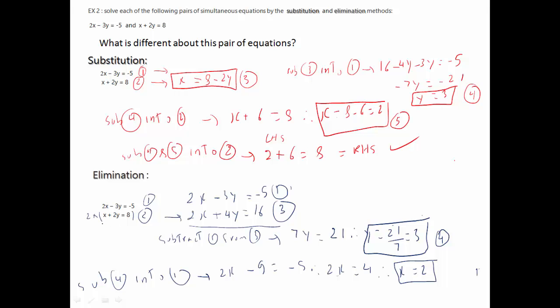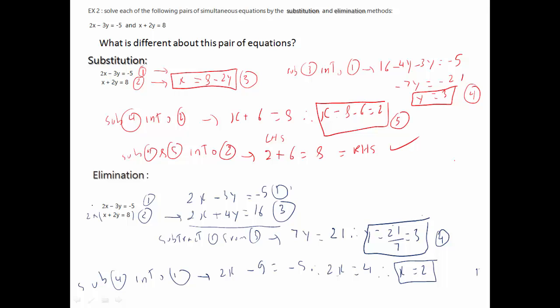Now, luckily, we only need to multiply x by 2 to get the same as there. While if we wanted to use the y's, then we will need to multiply the 3 by the 2 and the 2 by the 3 to get 6y for both, which means multiplying the whole equation.